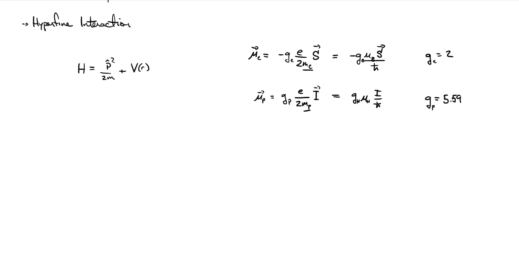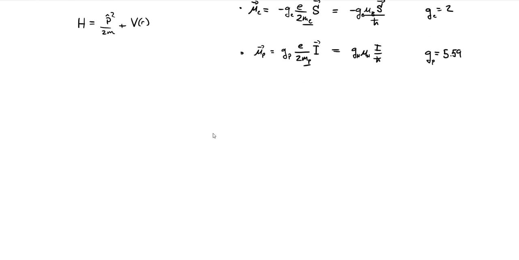So if we take into account that the things that make up our hydrogen atom have these magnetic moments, we can start to ask how magnetic moments interact with each other, and how that is going to change our system. To look at how that interaction is going to affect things, we have to look at the magnetic field from one of those dipoles, and how the other dipole's energy is affected by it.